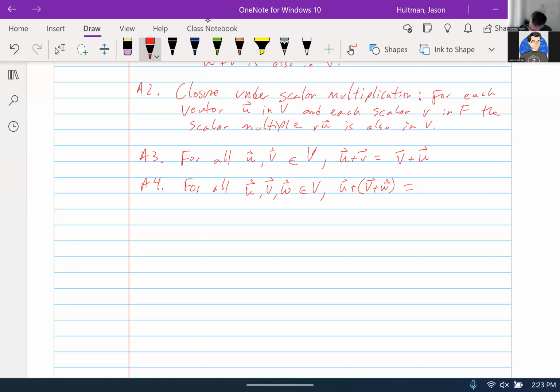That's the same as u plus v, and then we add on w second. So an associative property of addition.